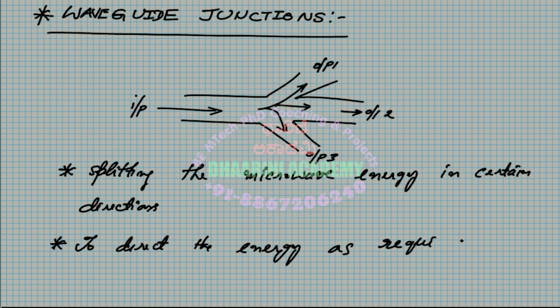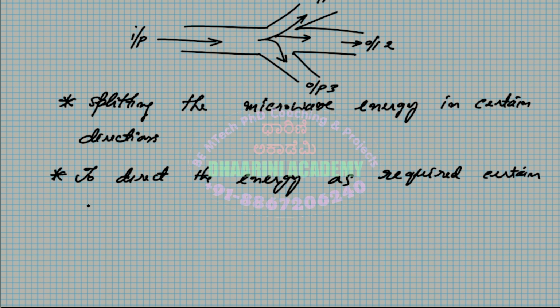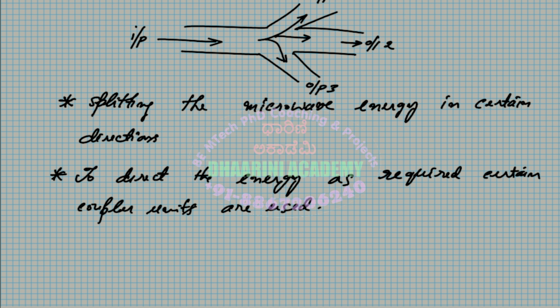In order to direct the energy as required, we are going to use what are called coupler units. All right, so there will be a junction, and from the junction you can take out two or more signals as per the requirement.